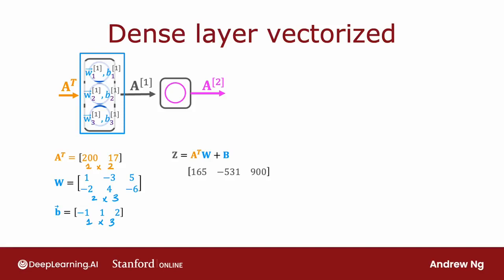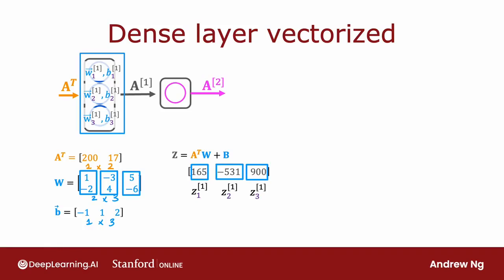And that's computed by taking the input feature values and multiplying that by the first column and then adding B1 to get 165, taking these feature values, dot producting with the second column, that is the weights W2, and adding B2 to get -531, and these feature values dot product with the weights W3 plus B3 to get 900. Feel free to pause the video if you wish to double check these calculations, but this gives you the values of Z11, Z12, and Z13.